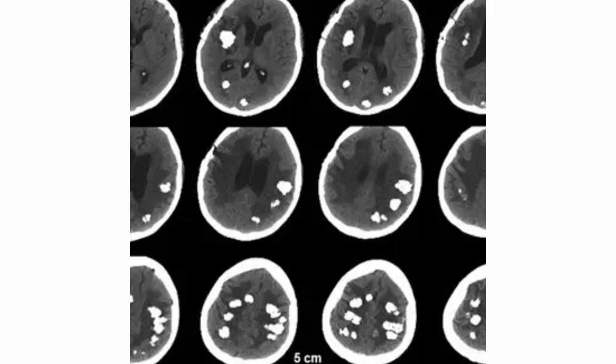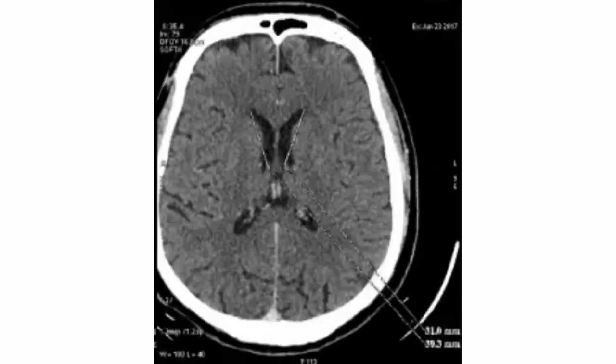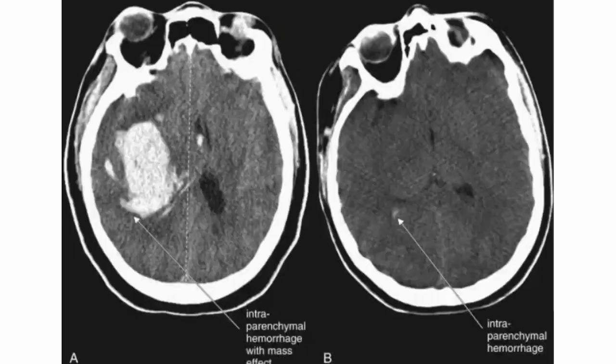Okay. And next, after describing the view, you will look at the brain parenchyma, to see whether any pathology is seen in it or not. So in a CT scan, if a lesion is appearing whiter, we call it hyperdense.